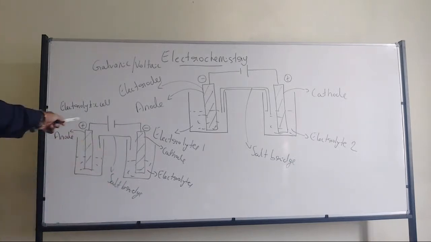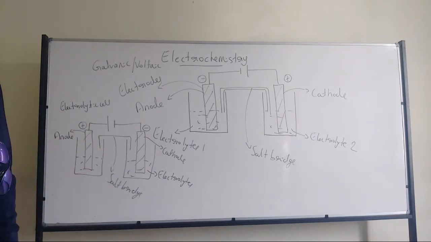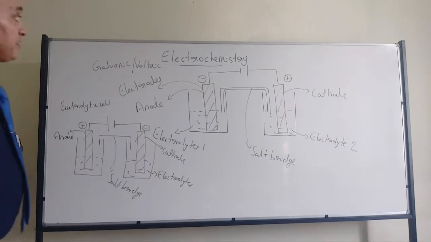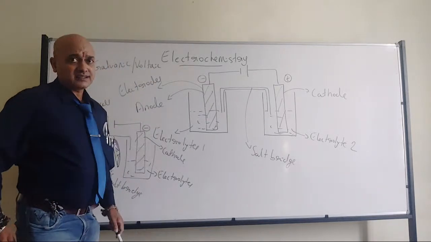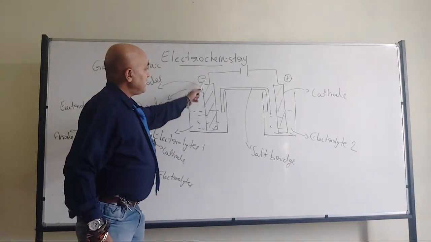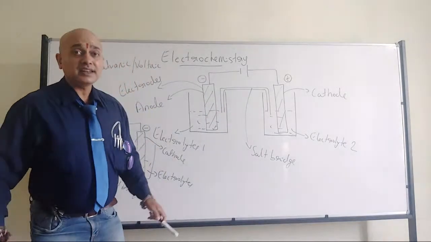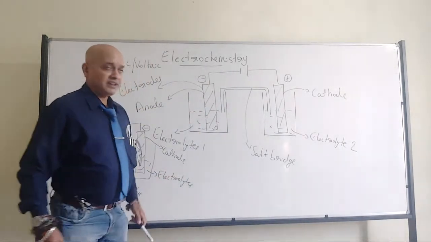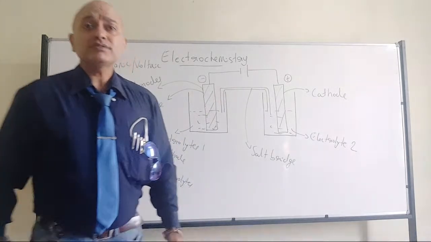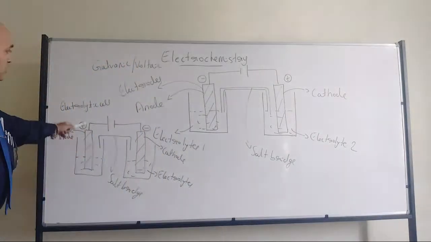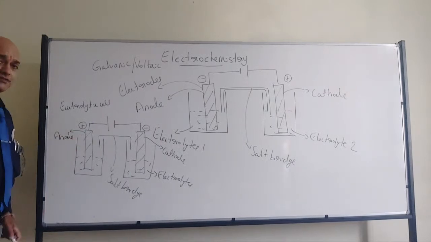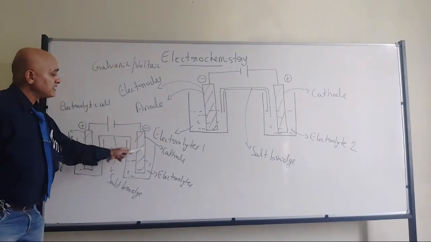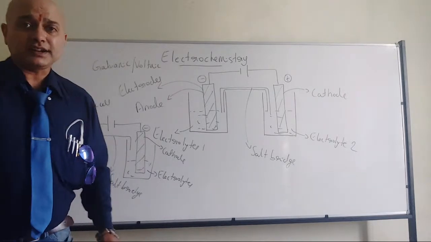So in the galvanic or voltaic or Daniell cell, the anode will be a negative electrode and the cathode a positive electrode. But in electrolytic cells, the anode will be considered a positive electrode and the cathode a negative electrode.